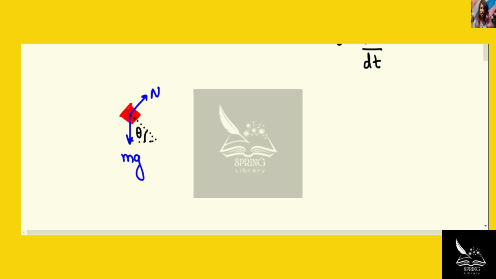Notice that this means that this angle here is theta as well. And I'm going to decompose the forces, and in particular the gravitational force, into two components: a component that is perpendicular to the surface and another one that is parallel to the surface.